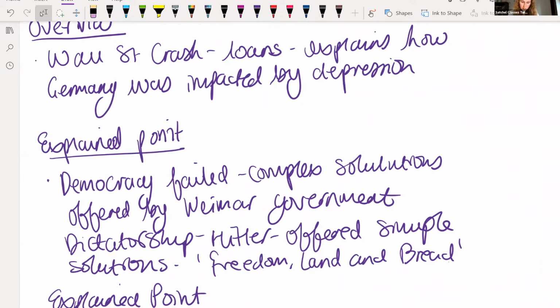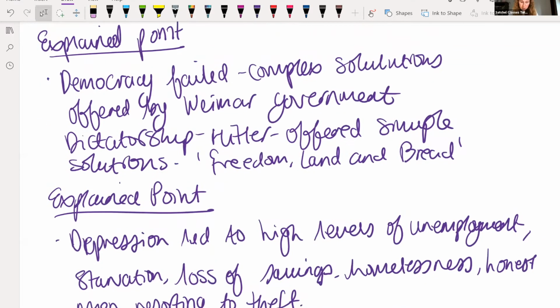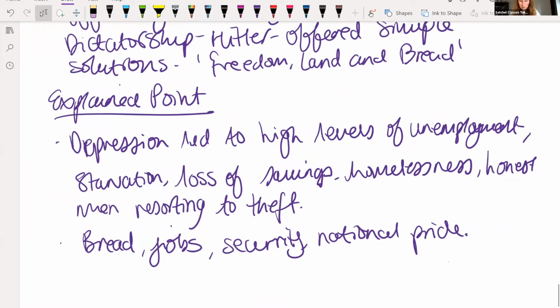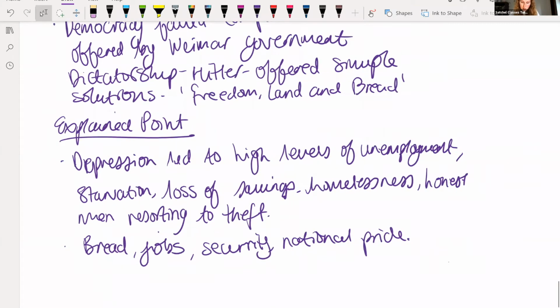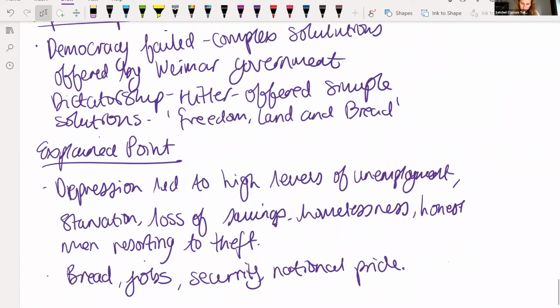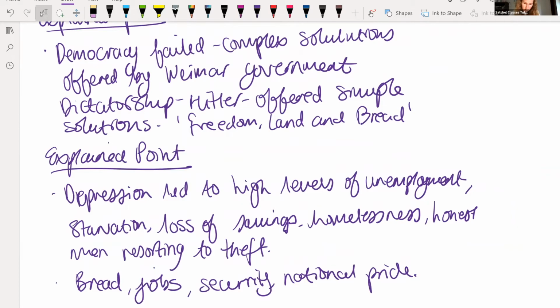So my first explain point links to my second explain point, because in this one, I'm talking about what a dictatorship offers and how that is a simple solution compared to democracy. And then this one, I'm giving a specific example of what the German people needed compared to what Hitler was able to offer.